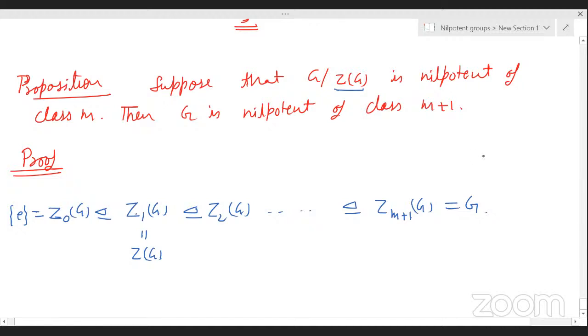Do you agree at this point? Now, what is the definition of this Z2G?